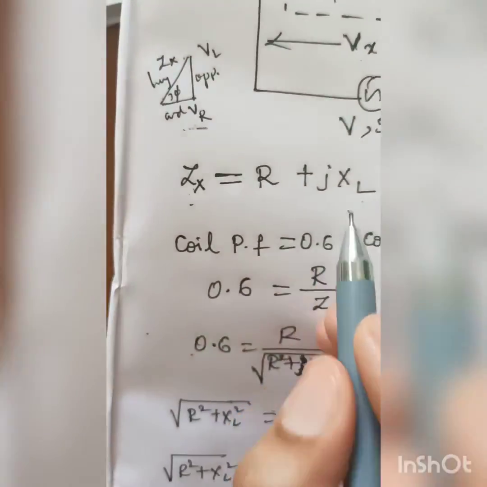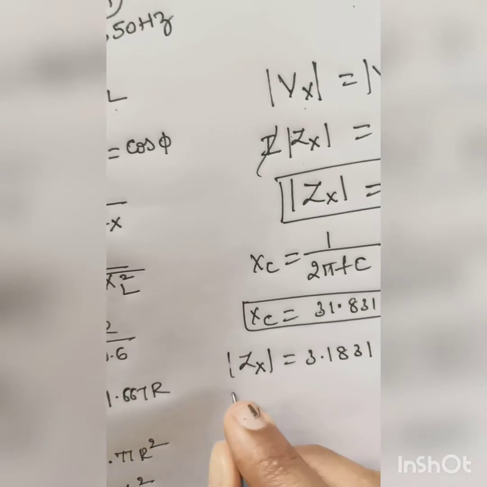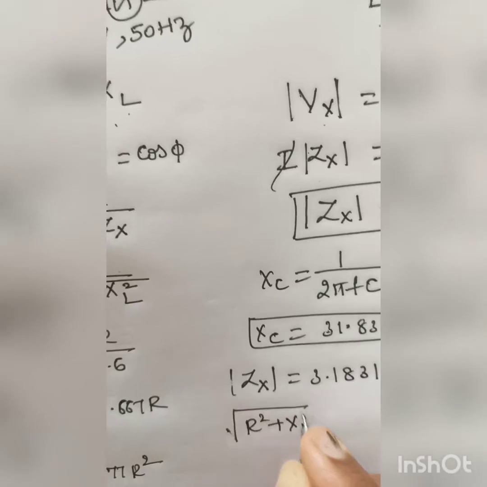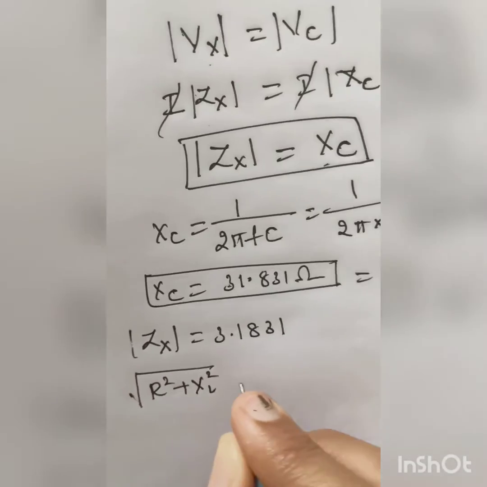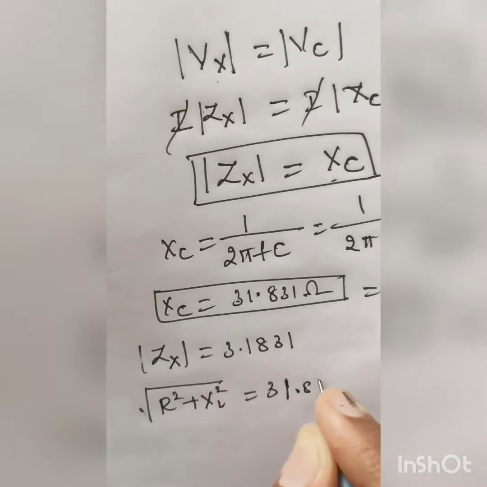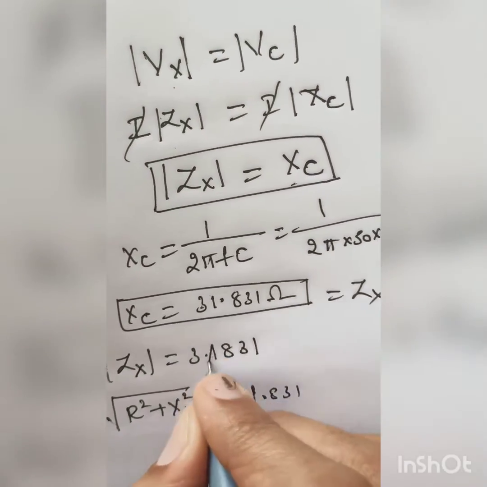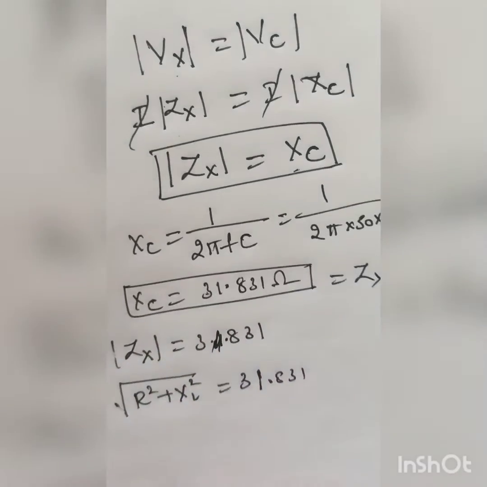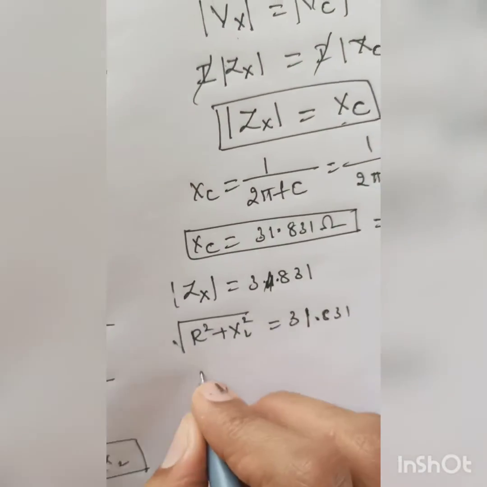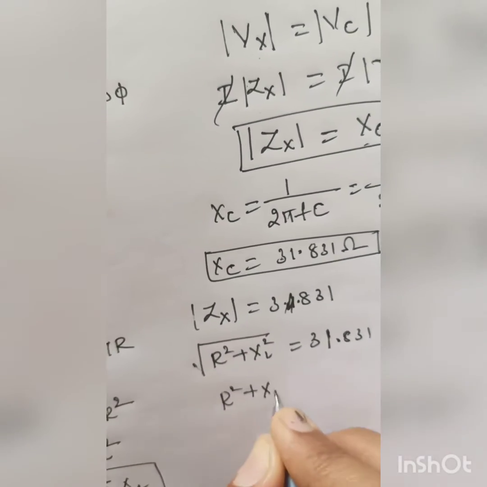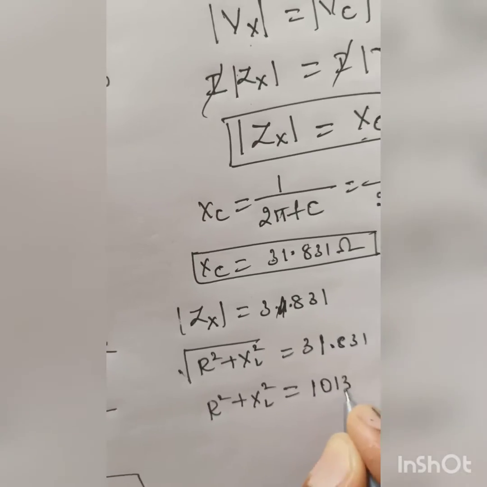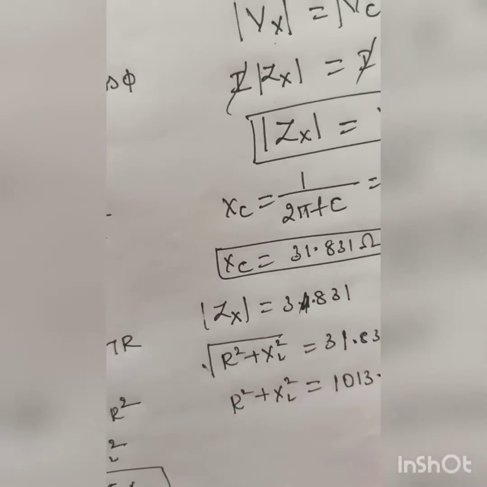If you take the magnitude of this, you'll get the square root of R square plus XL square, that is equal to 31.831. Then R square plus XL square is equal to 1013.211.